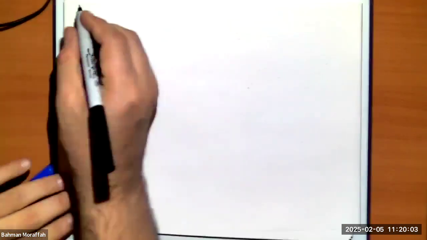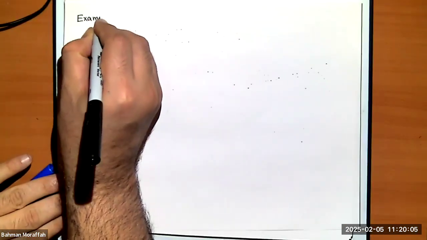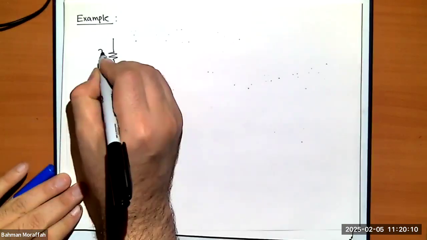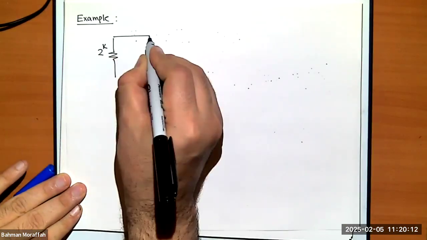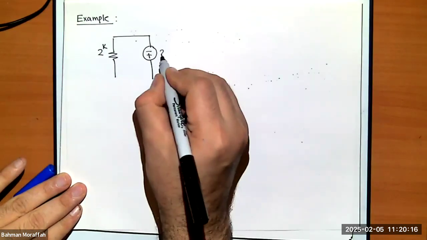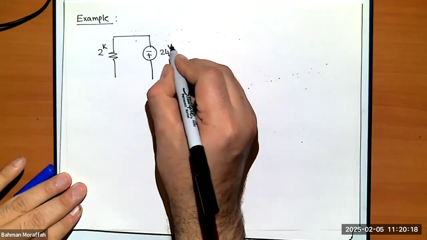So, example. Let's say I'm given a circuit that looks like this. There's a 2K resistor here, followed by a source with value 24 volts.